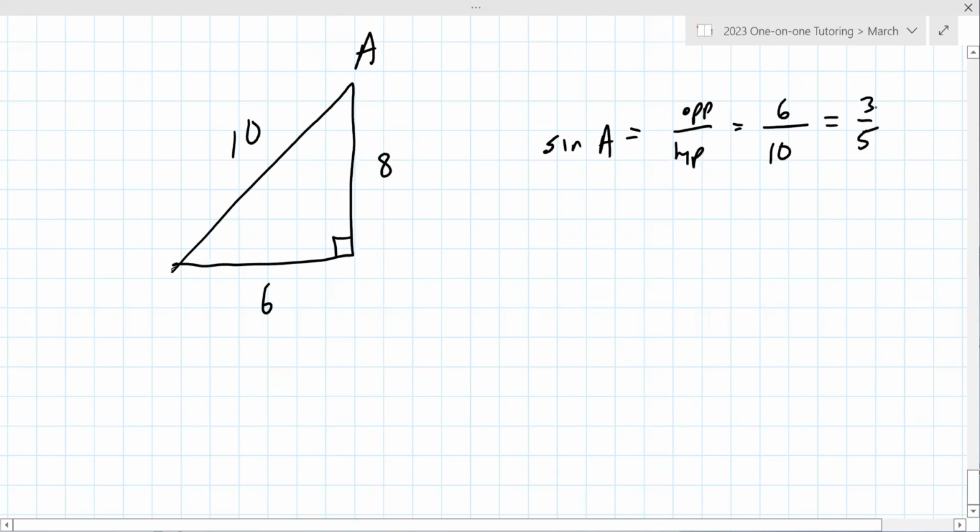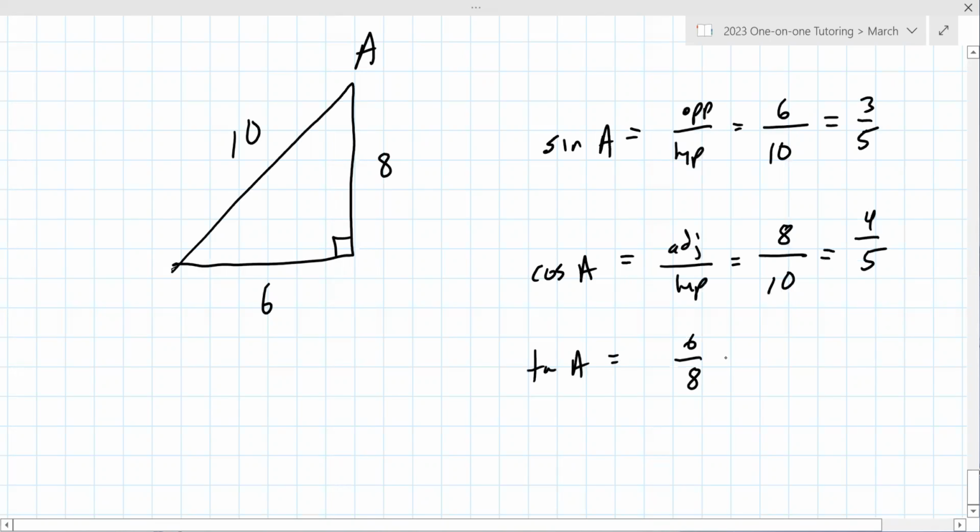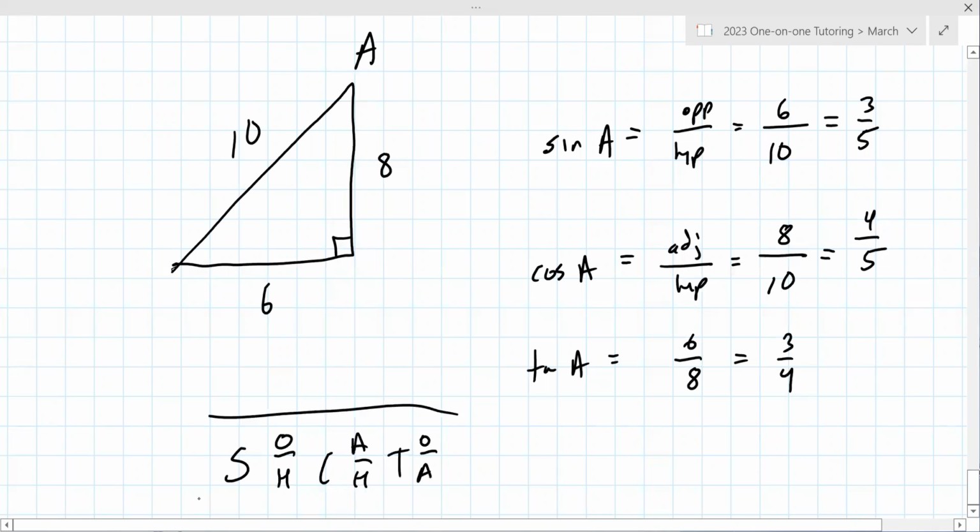So you always reduce the fraction. How about the cosine of A? What is that? Adjacent. That would be 8/10, which would reduce to 4/5. Good. And then the tangent would be 6/8, which can reduce to 3/4. Very good. So the key here is SOH CAH TOA. You can remember this. You won't have any problems here.